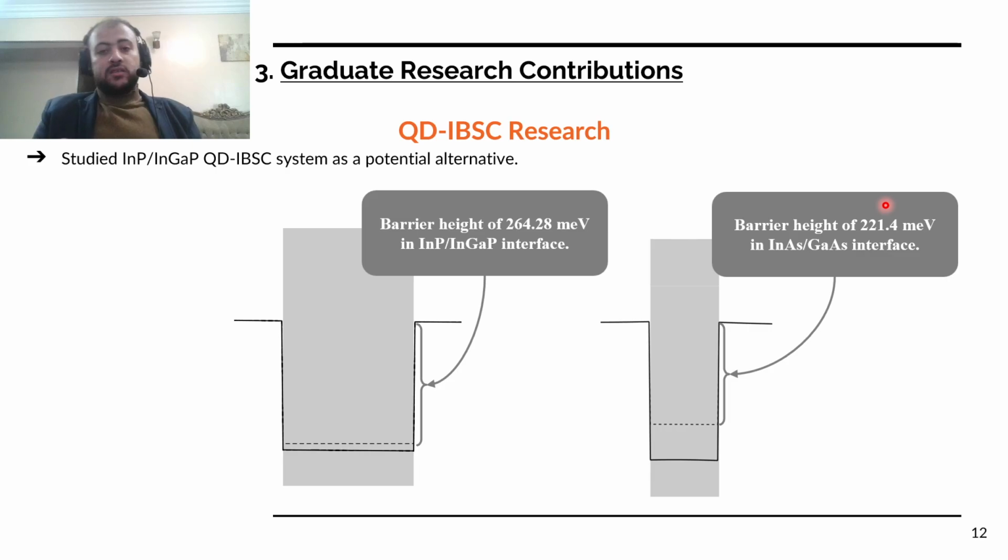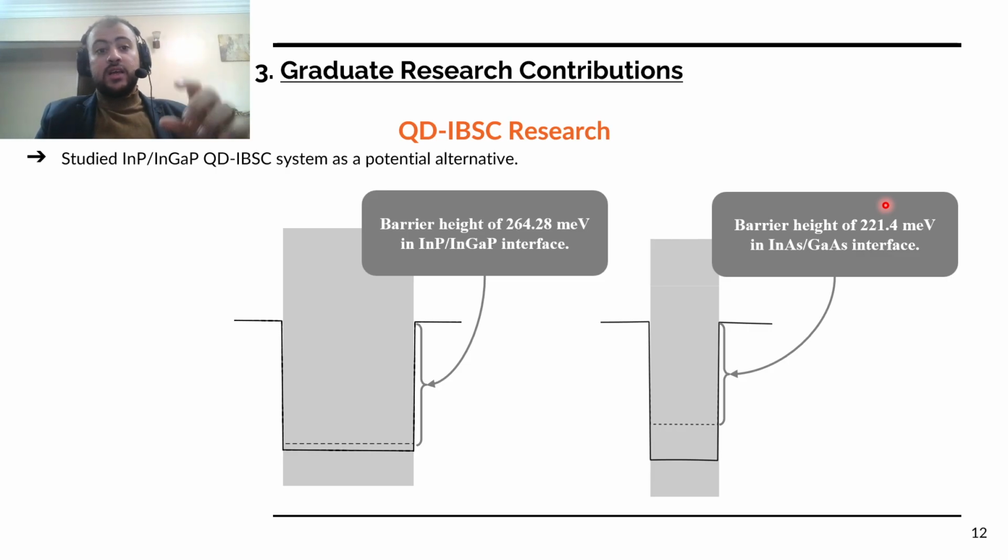Our first candidate to overcome these drawbacks is the system of indium phosphide quantum dots embedded in the intrinsic region of an indium gallium phosphide solar cell. Indium gallium phosphide presents itself as a good candidate because of the wider band gap.